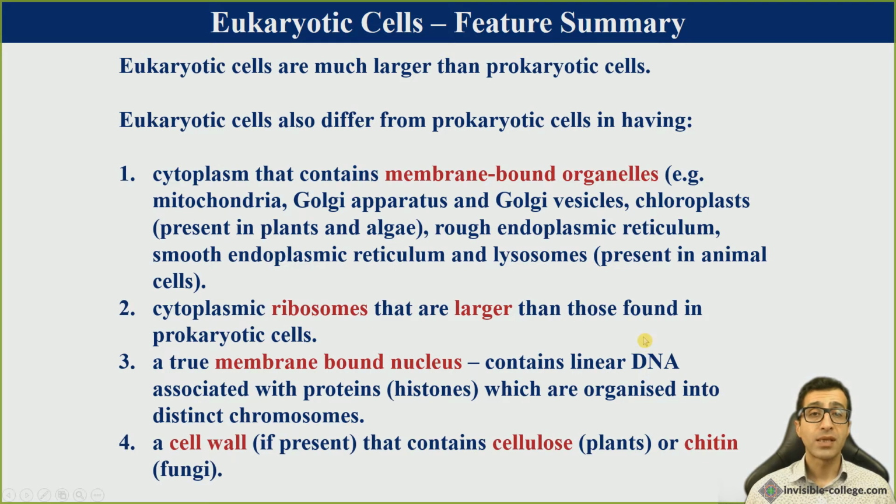Also, the cell wall, which is found in some eukaryotic cells, those of plants for example, is made up of a very different material than the cell walls of prokaryotic organisms, which are made up of peptidoglycan. Also, fungi, which are eukaryotic, have a very different material making up their cell walls than you find in prokarya as well.